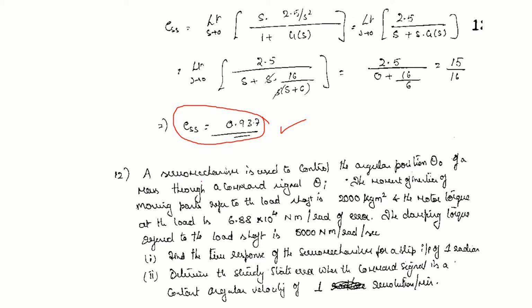Next problem. A servo mechanism is used to control the angular position theta naught of a mass through a command signal theta i.